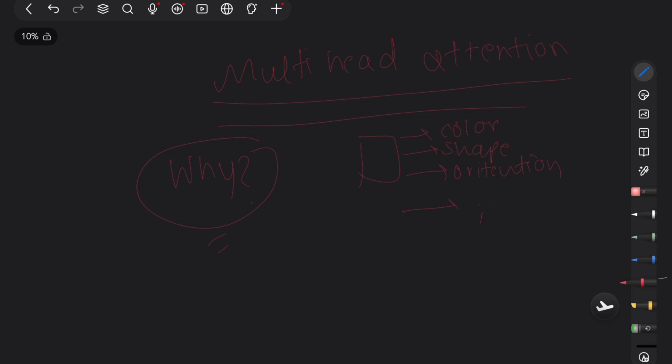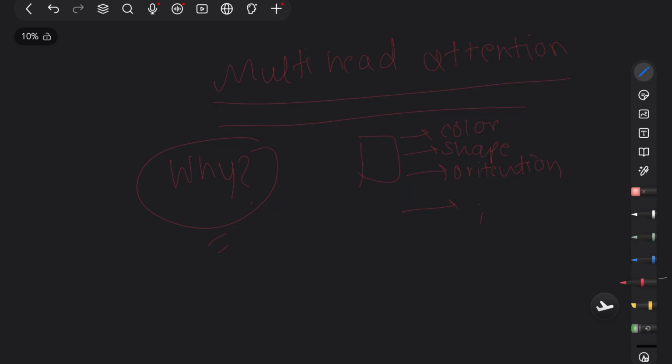So this would result in the model not getting perspectives from different fields, right? This would restrict the model's perspective to a single one. But we need to ensure that the model is sophisticated enough to understand the image from all the different perspectives.